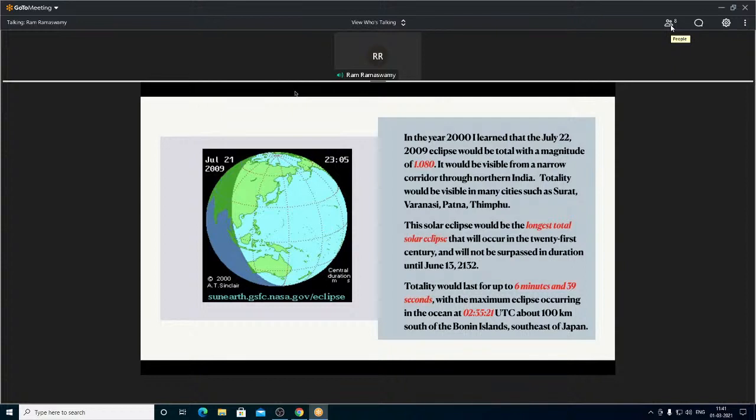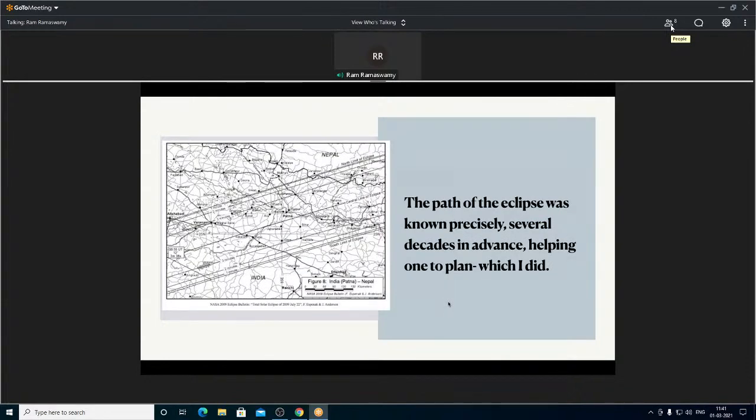Now, the moment you see that it's in July, you say, I'm not going to go to Surat because there's a monsoon over there. But all this information is available many years in advance. And the path of the eclipse was known precisely. And it helped me to plan my trip, which I did.